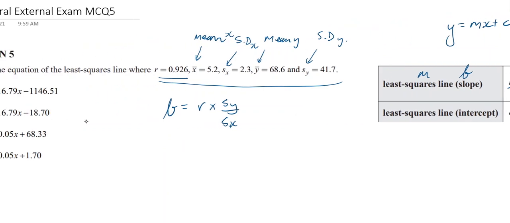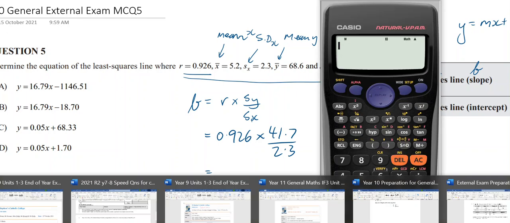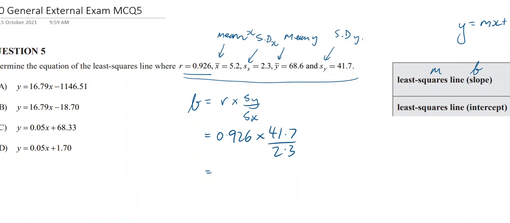And we've been given all those values, so we can simply stick those in: 0.926 multiplied by sy, which is 41.7, over sx, which is 2.3. And if we put that in our calculator, let's see if the calculator will play ball with me.